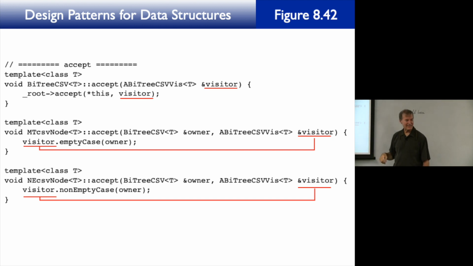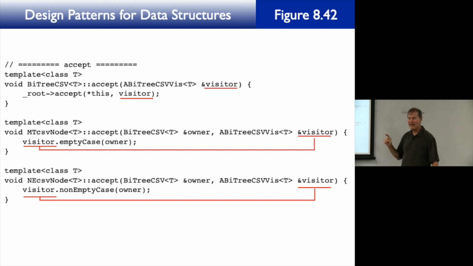Now, do you remember how this works? Because this visitor has methods that got pre-compiled for the empty case and the non-empty case. And so it does visitor.emptyCase. But where's that code? Where did that code for the visitor come from? It came from the plugin developer. And so it's executing code that did not need to be compiled with the host.